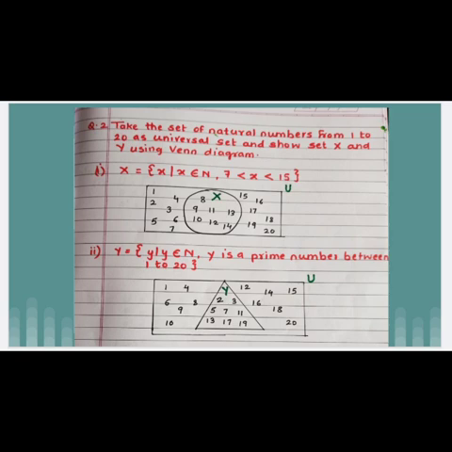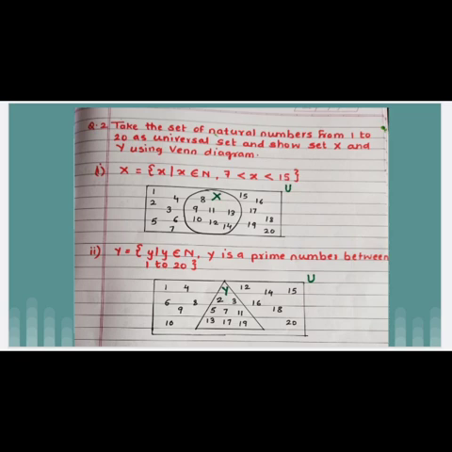Here, first step, they said the universal set is the set of natural numbers from 1 to 20. And as I mentioned before, whenever we have to represent the universal set by a Venn diagram, we always represent it by a rectangle. So here the first step is to draw the rectangle.